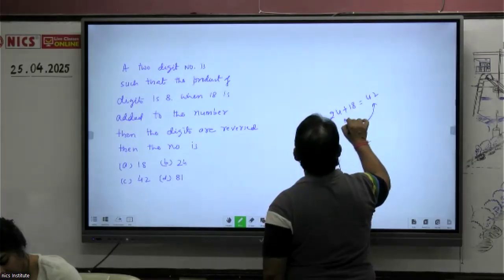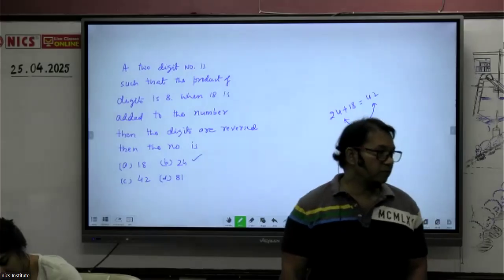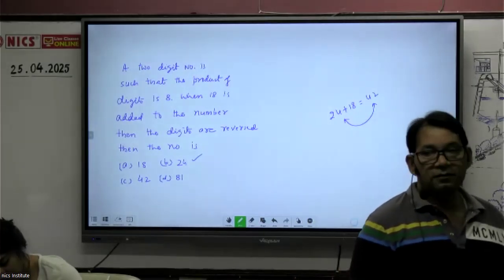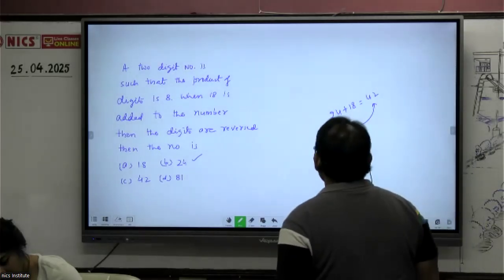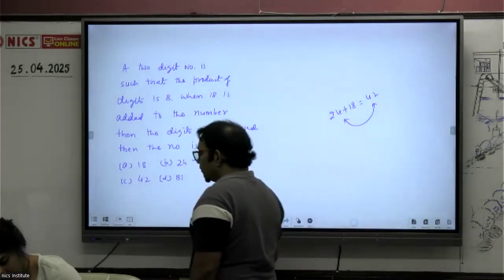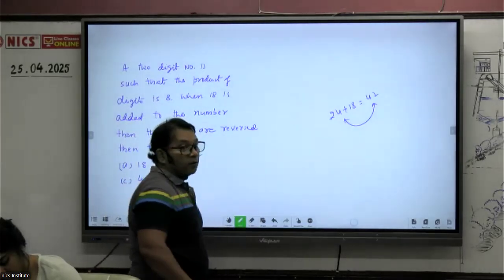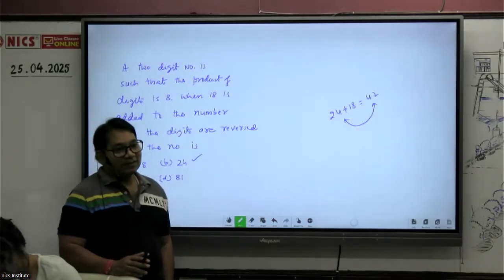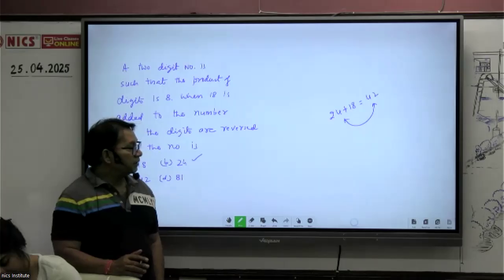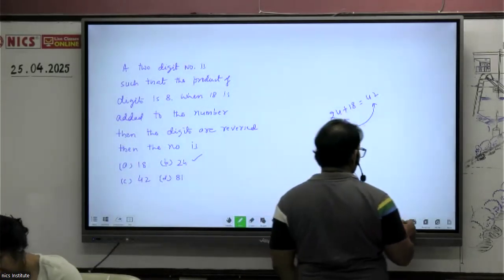The digits are reversed. That means the answer is 24. Or else you can use the method also. Yes, because if you add 24 to 18, it becomes 42. So look at the options. Start with the options also. Not necessarily always answer using the formula.